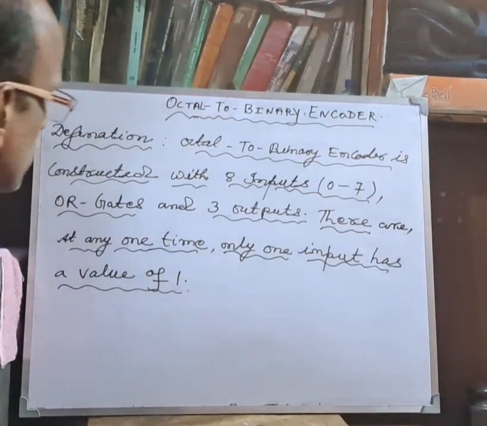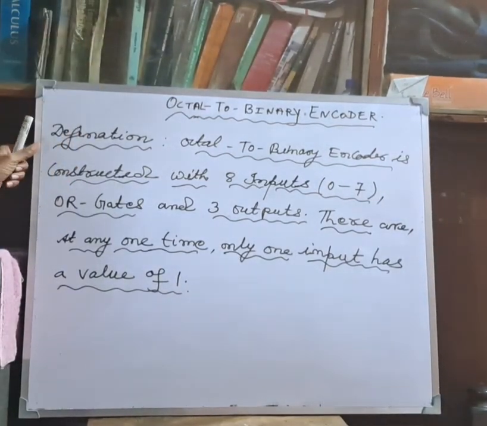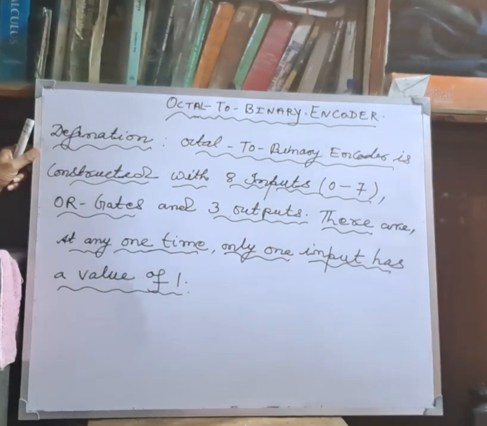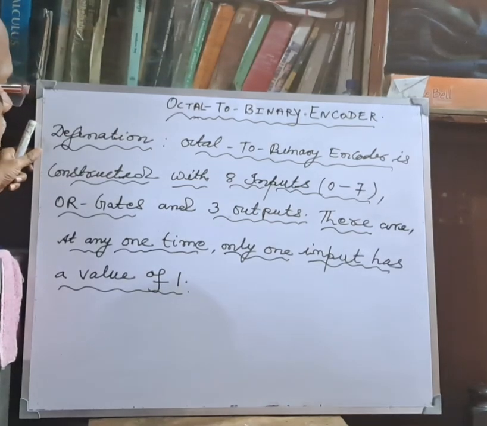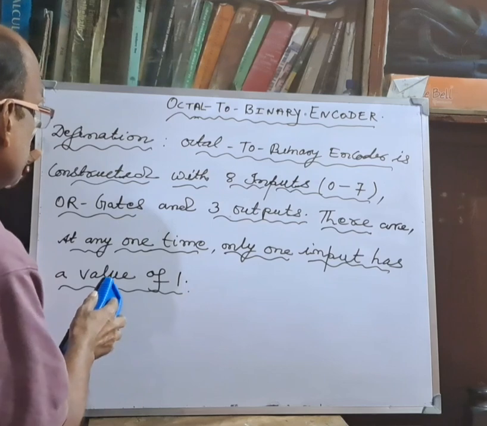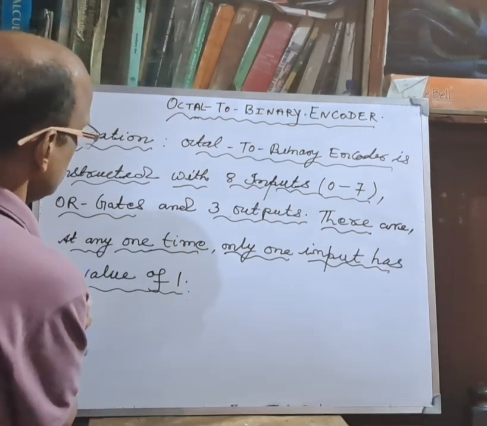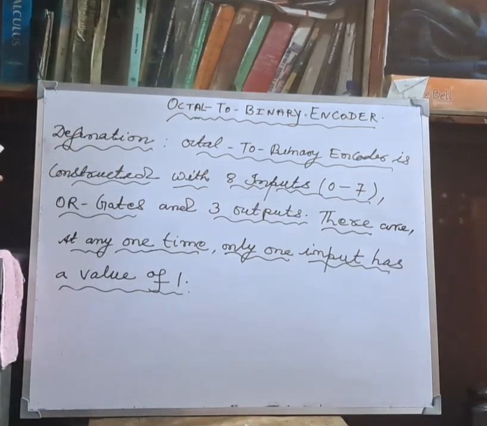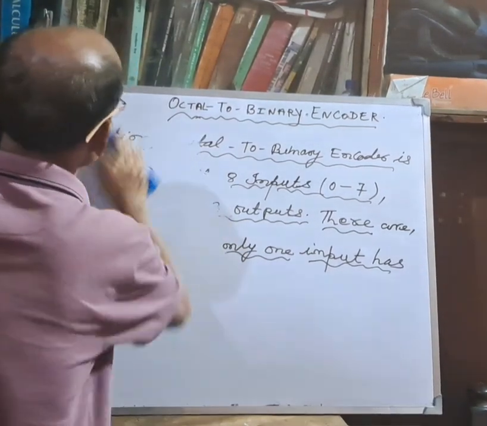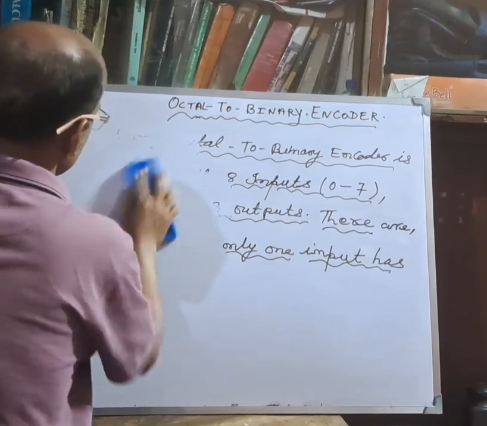Now I am erasing this board. In the next board I am going to explain you the actually truth table and logic circuit diagram. You just see here. In the next board, you just see.